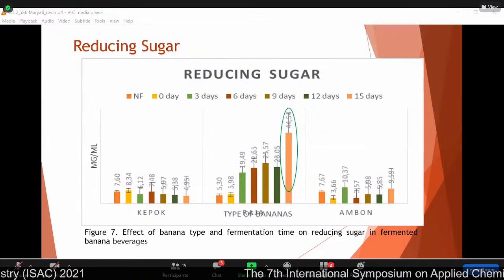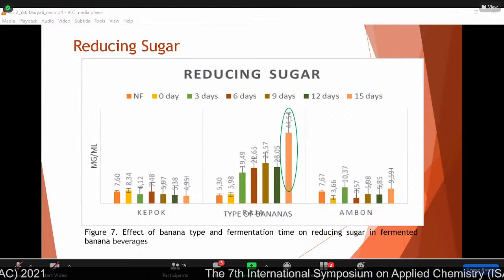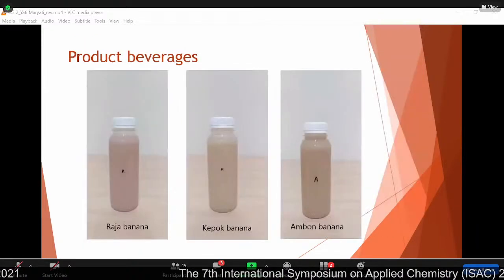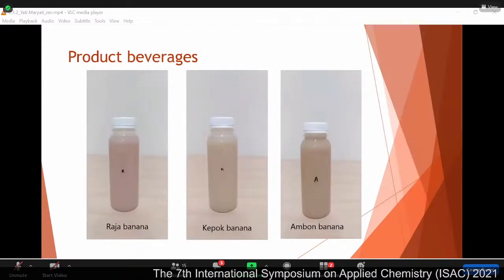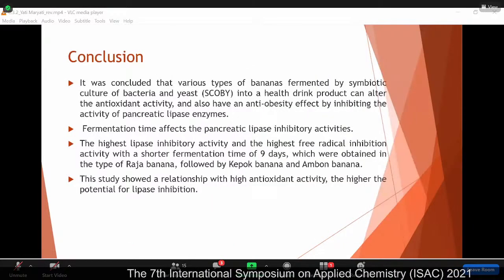Here, yeast and bacteria metabolize sucrose and produce a number of organic acids such as acetic acid, gluconic acid, and glucuronic acid. The following is the result of the product produced by fermenting banana varieties.